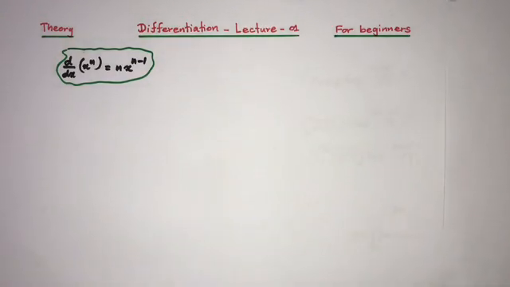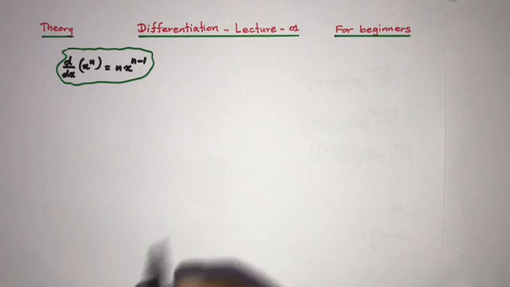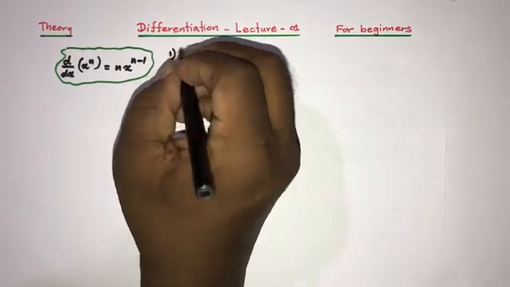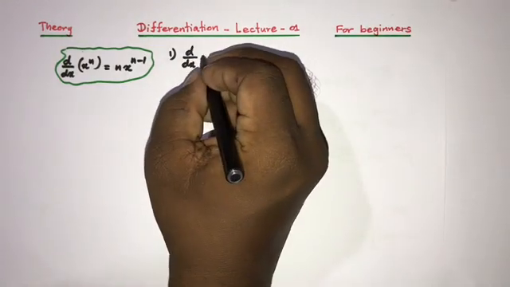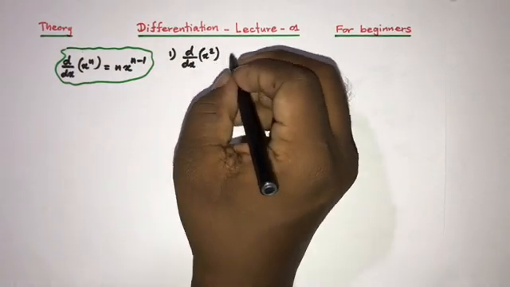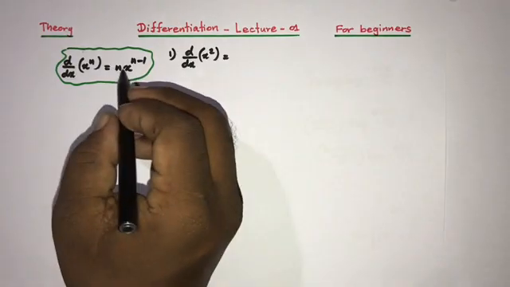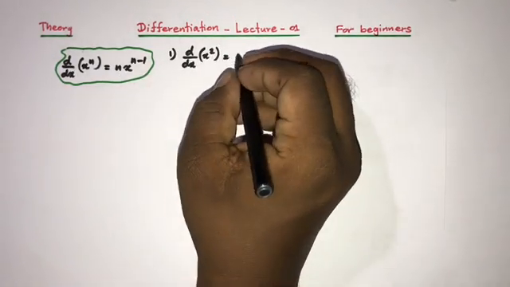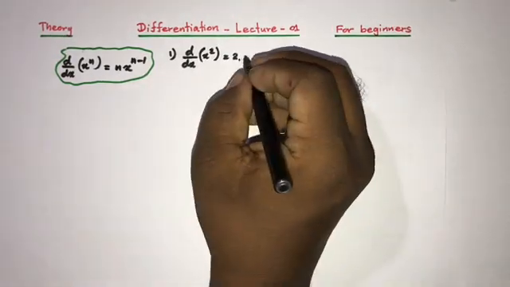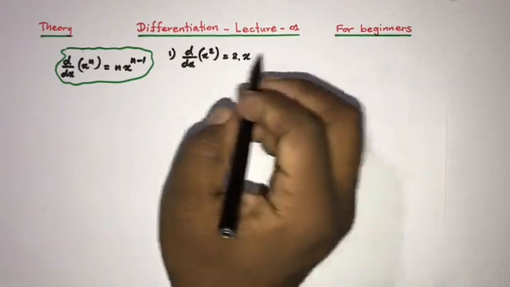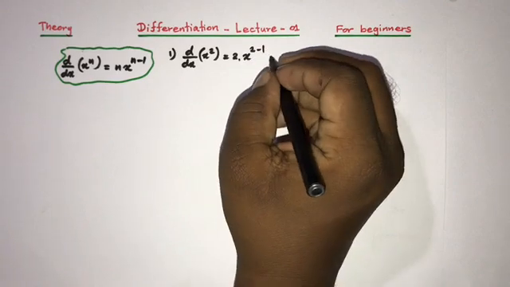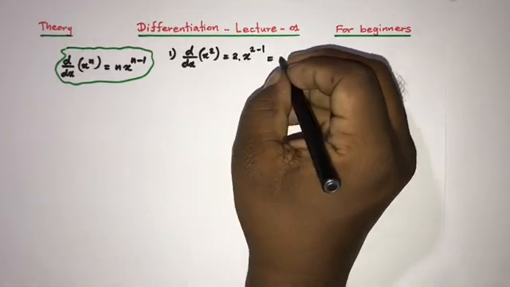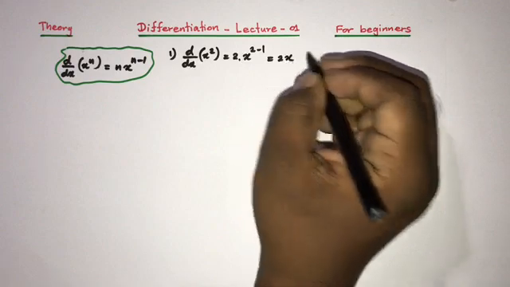So now let's take some examples. First, the derivative of x squared. Now we can apply the power rule. We write this 2 here in front, and here x. Now the power is reduced by 1, so 2 minus 1. So this is equal to 2 times x.